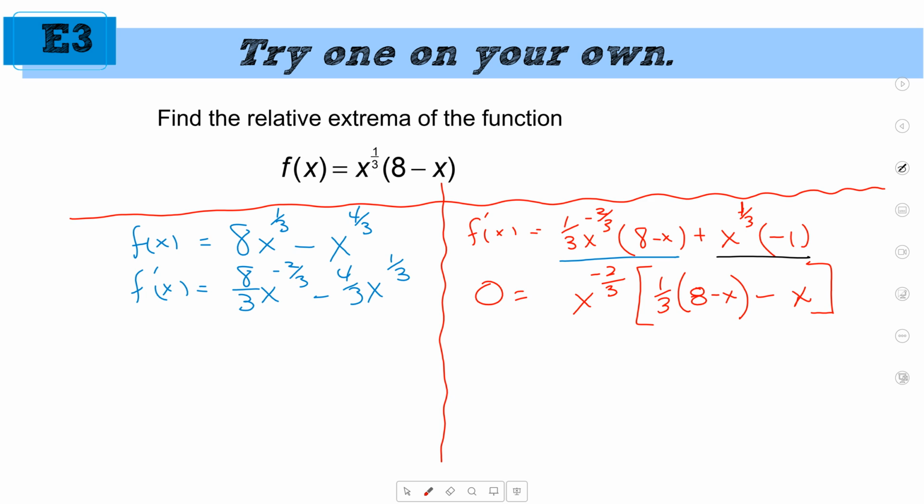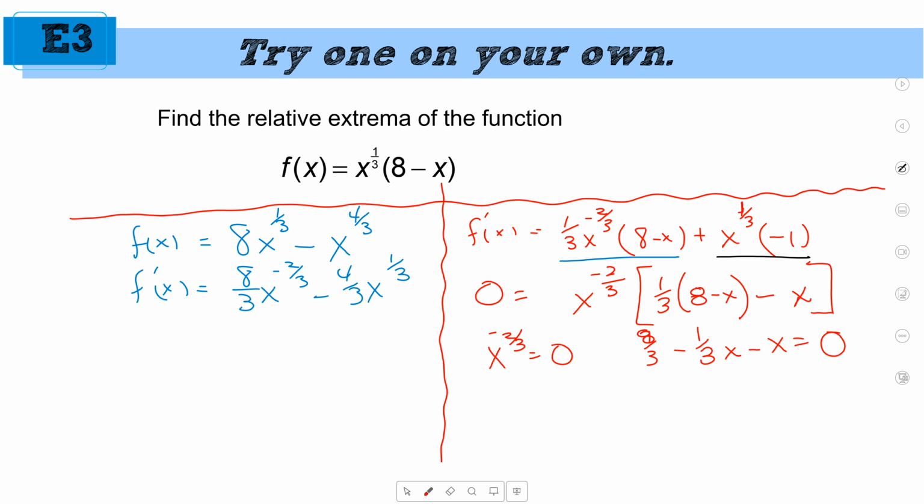Because x to the 1/3 divided by x to the negative 2/3 gives us that. So this is equal to 0, and this is equal to 0.